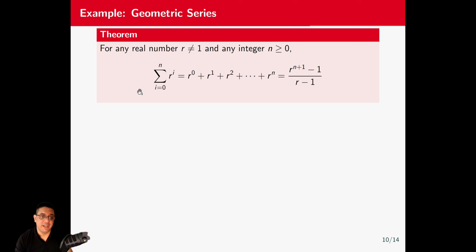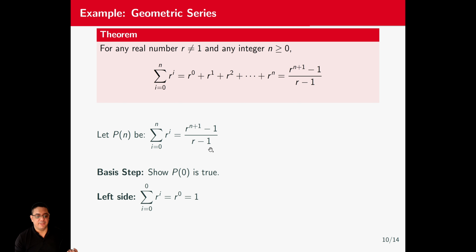Notice that I'm writing the property in sum notation, but I can just write what that is, which is the sum from r to the power 0 to r to the power n. So now, what my property really is, P of n, is that the sum from i equals 0 to n of r to the power i is just r to the n plus 1 minus 1 over r minus 1.